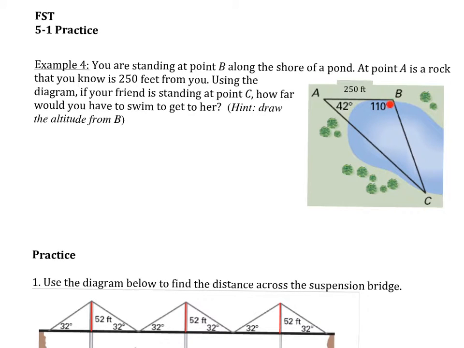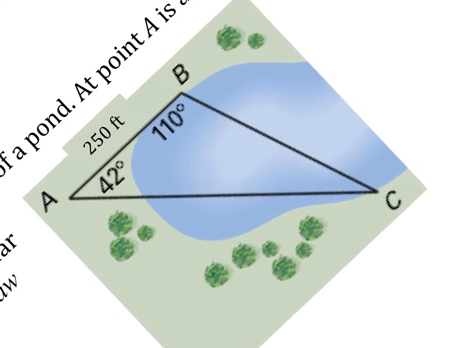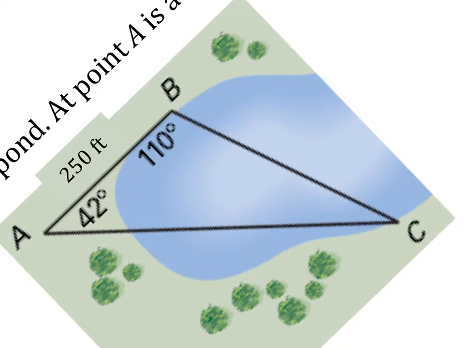However, one thing I notice is that this is not a right triangle. So if I were to take a moment and draw a right triangle, I now have 90 degrees down there. And instead of having 110 here, let me cross that out. This angle here is going to be complementary to this angle here because of the right triangle.